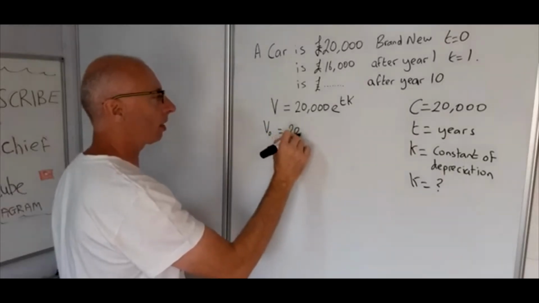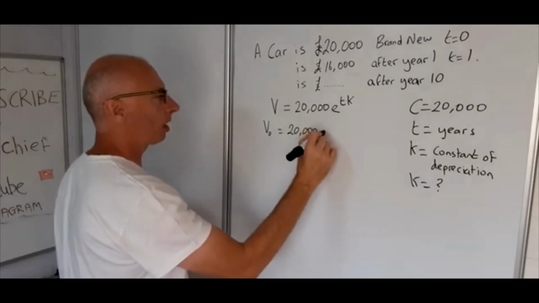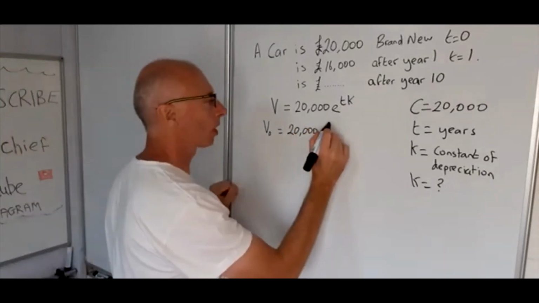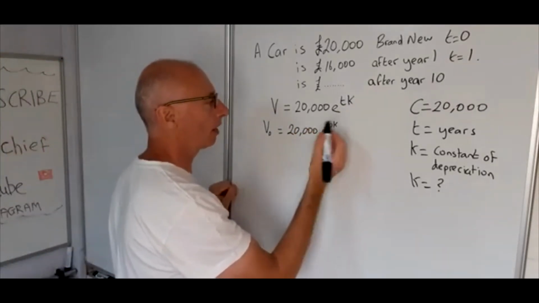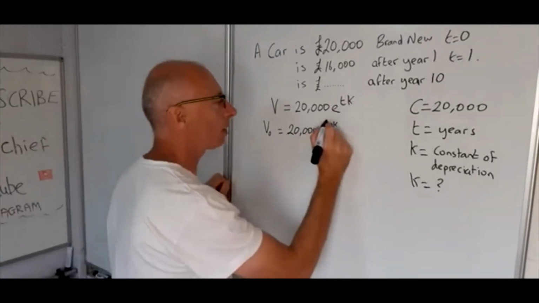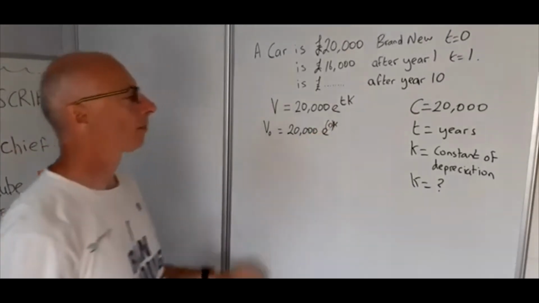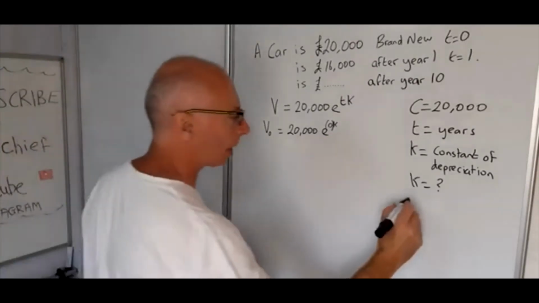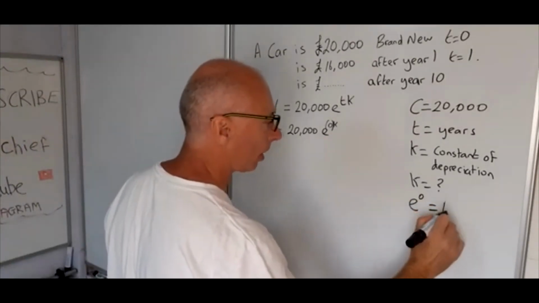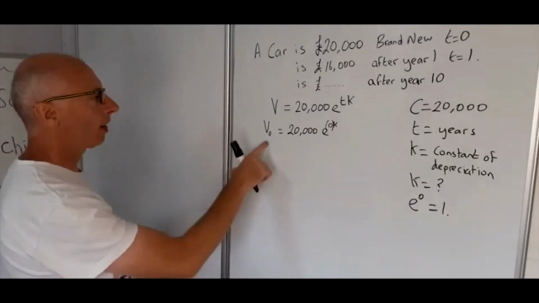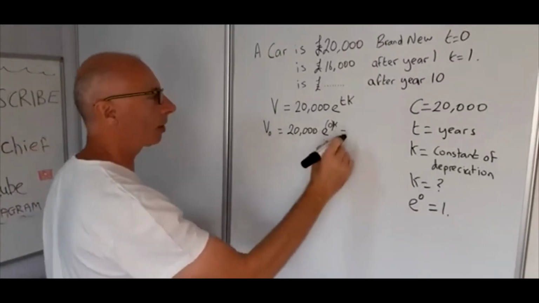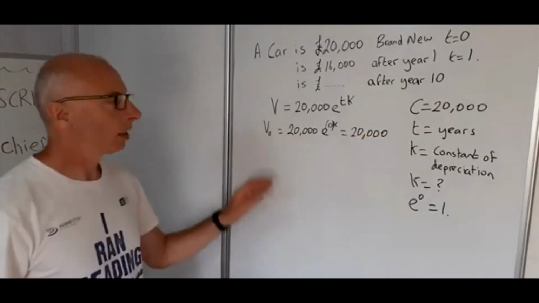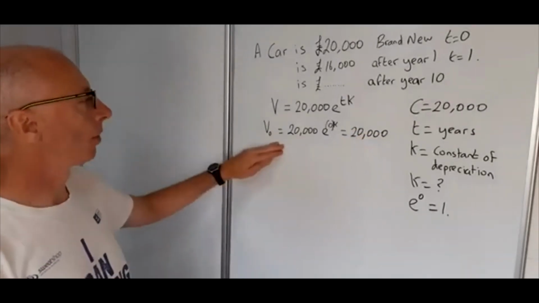This is £20,000 times E to the T, which is 0, and then K. It's 0 times K. Well, anything to the power of 0, so we know that E to the power of 0 is 1. So therefore at V0 it is still £20,000. So that model is still good.